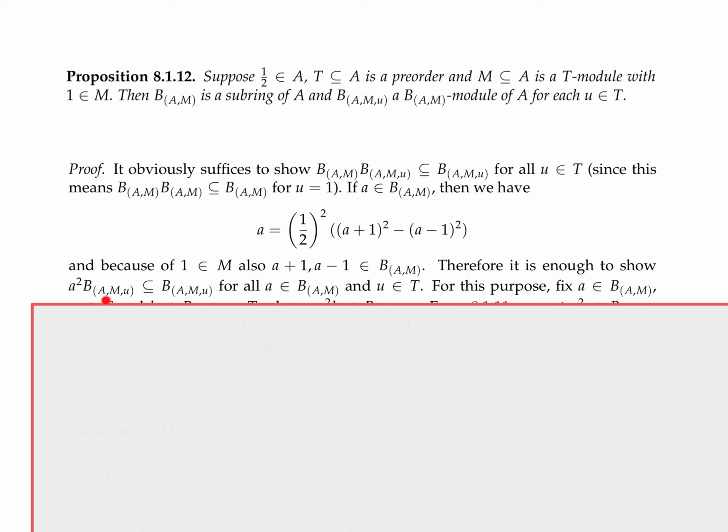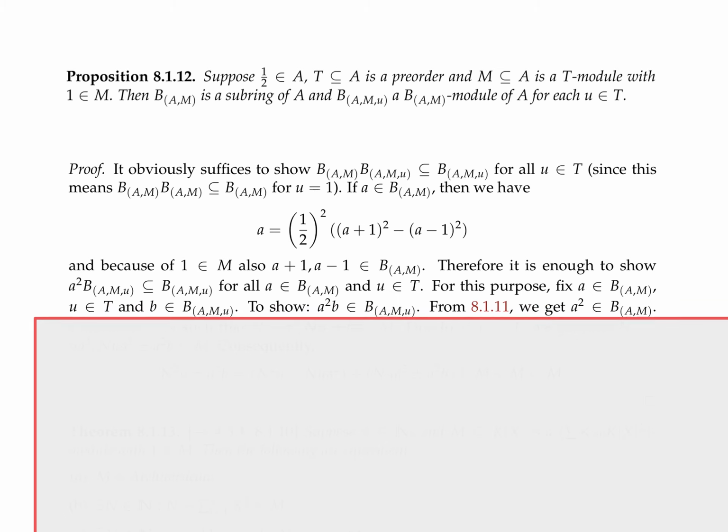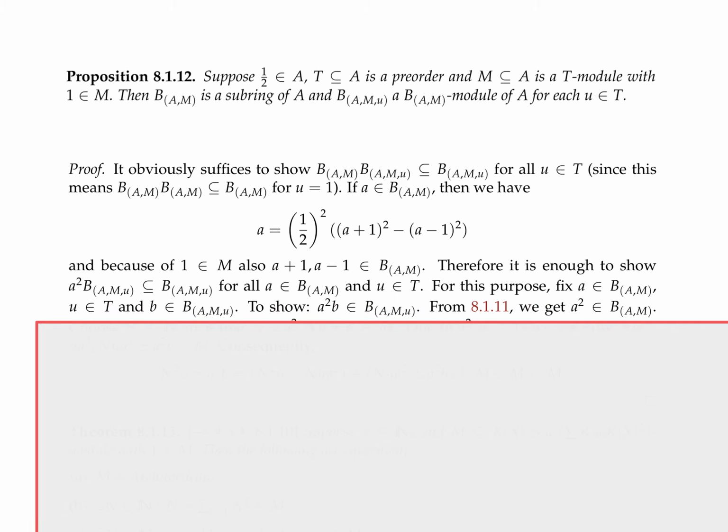You can easily reduce it to this, for all A in BAM and U in T. So for this purpose, now fix again an A in BAM, and fix also U in T, and B in AMU. Then we have to show that A squared B lies in AMU.